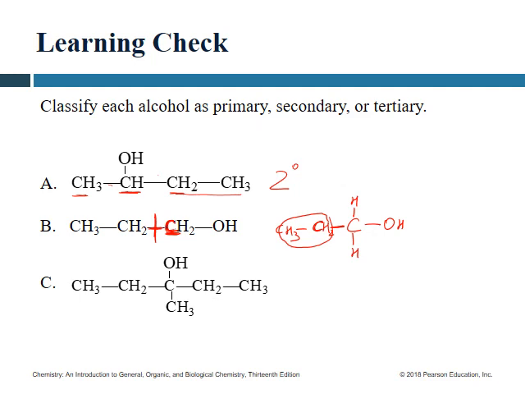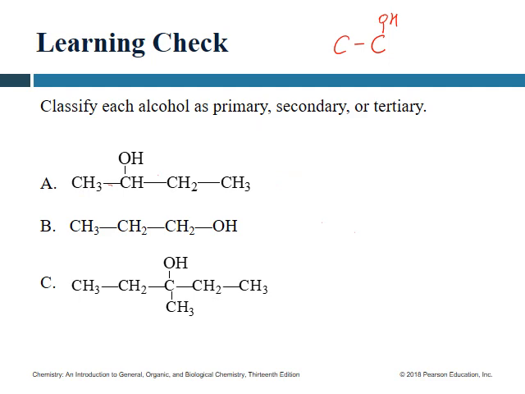Another way to say this, if this is confusing, is: how many carbon-carbon bonds does this carbon have? The carbon which has the hydroxy, how many carbon-carbon bonds does it have? Let's redo the first one. This is the carbon in the middle.